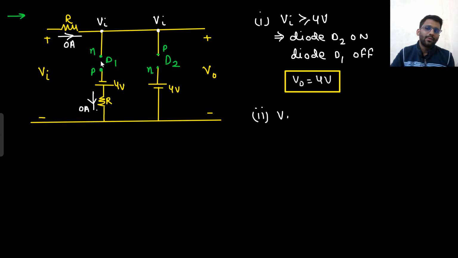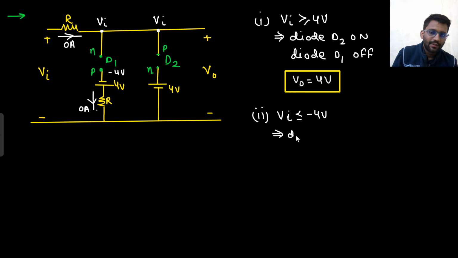Now let's try to turn on this diode D1. So what will happen? At the N side you are having V in, at the P side you are having minus 4 volt. So V in should be less than or equal to minus 4 volt, right? The N side should be lesser than the P side potential.